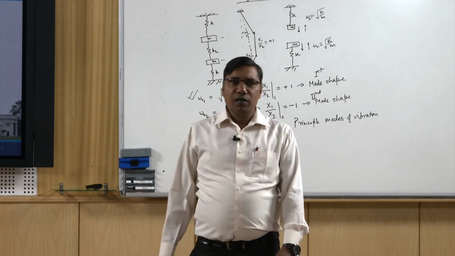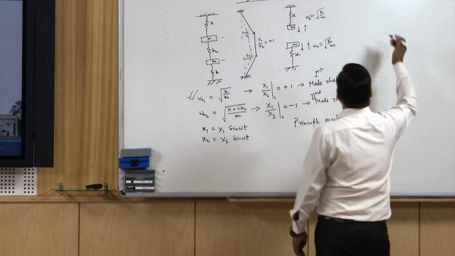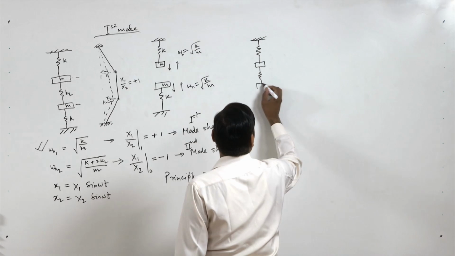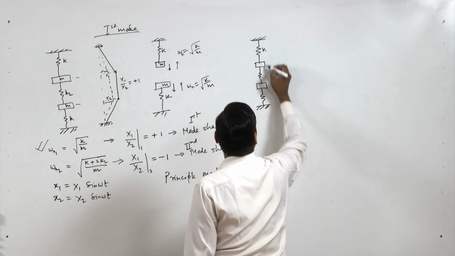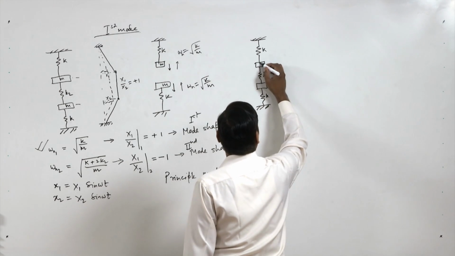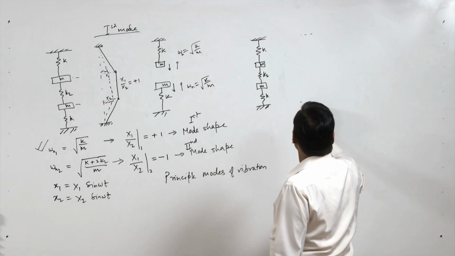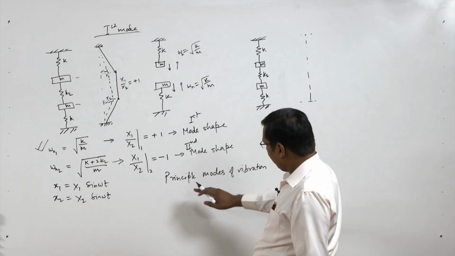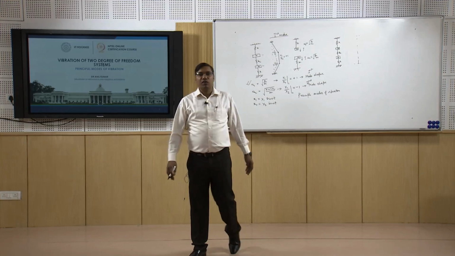Now, when we talk about the second mode shape, if we have this system, with K, K2, M, M, we are saying that this is the second mode, and it says that x1 by x2 equals -1, which means they are out of phase.